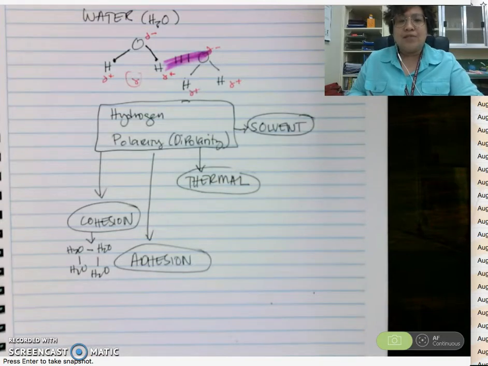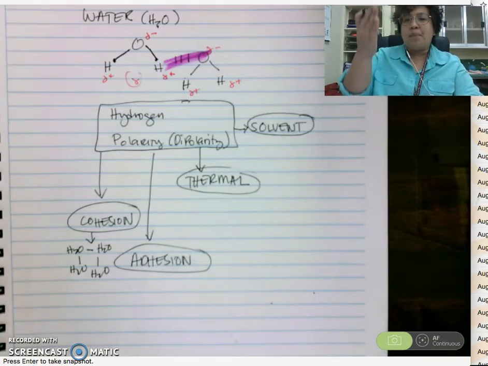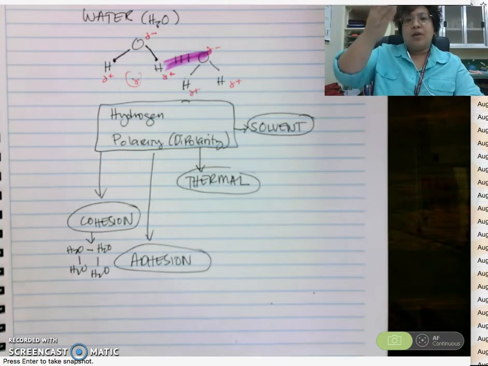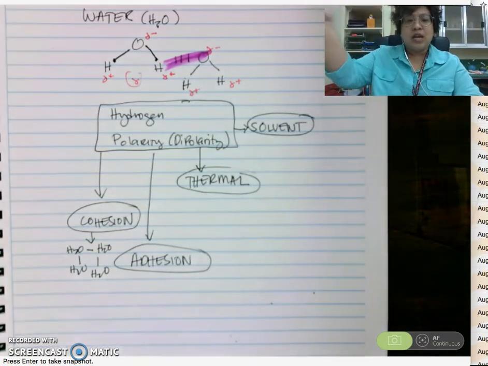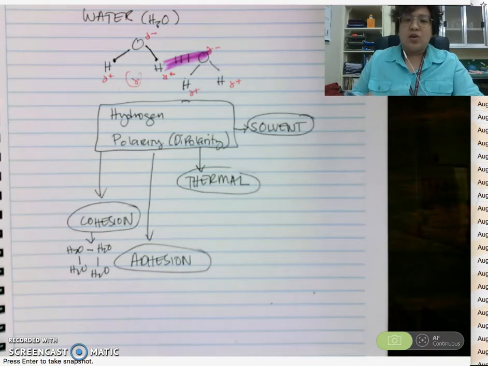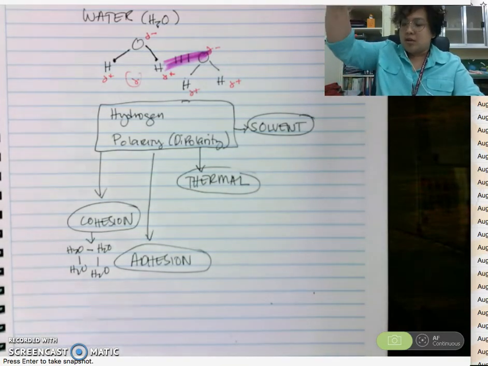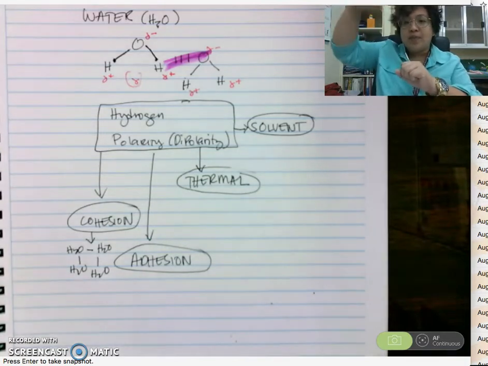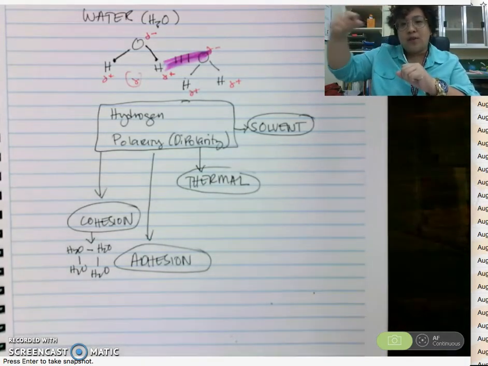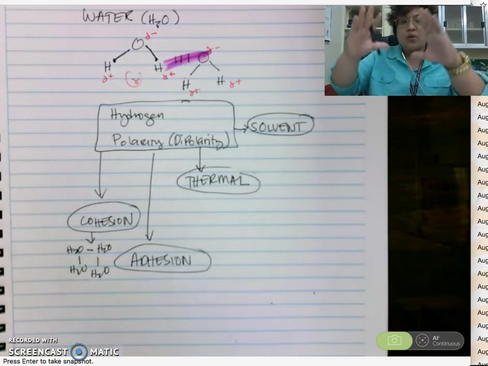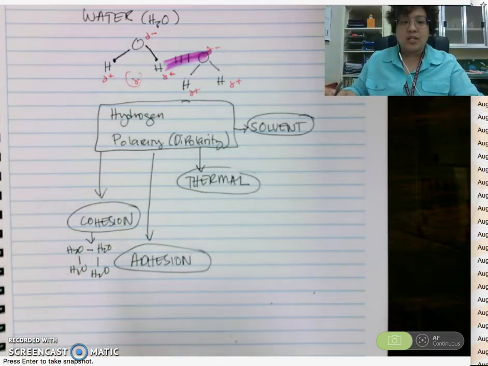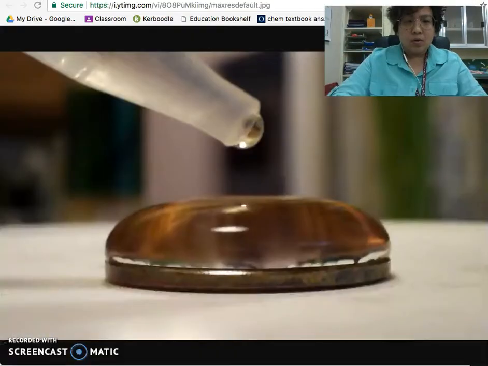If water leaves through the leaves, and if you think about it, how can water from the ground or from this soil go up the stem into the branches and into the leaves? The reason is cohesion, because water molecules stick to each other, and when one water molecule evaporates, the rest are pulled up. So water can stick to each other.